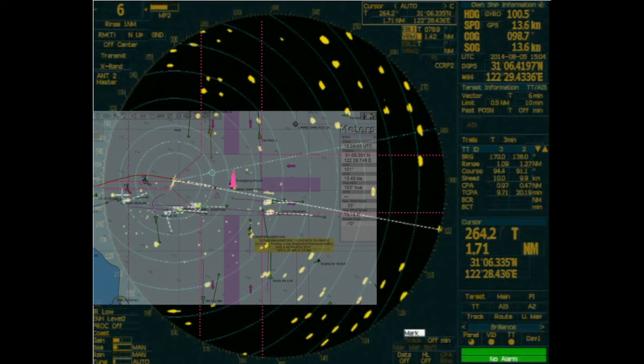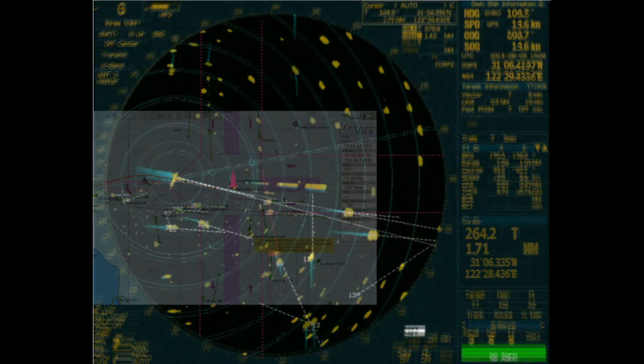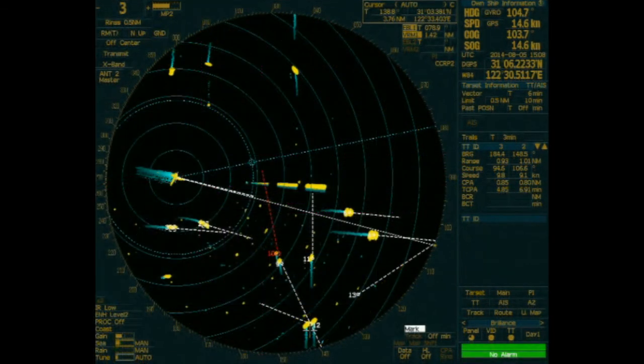This is all accomplishable because our ship has GPS input and the AIS has GPS input, so it's easy to identify the echo on the radar screen. It is only that the manufacturer has to merge these two equipments properly to make a proper presentation for the duty officer's use.